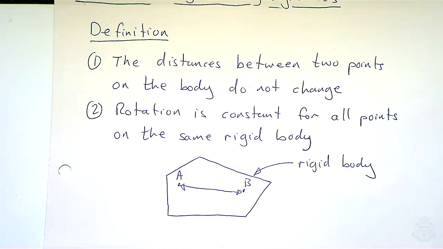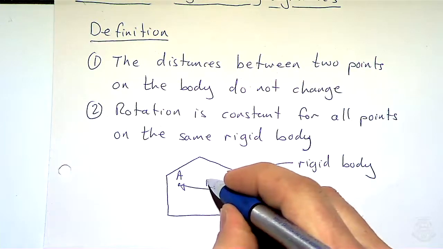I'll try and use this microphone. So we've got two points on the rigid body, A and B, and we tend to write the distance between them as RAB.